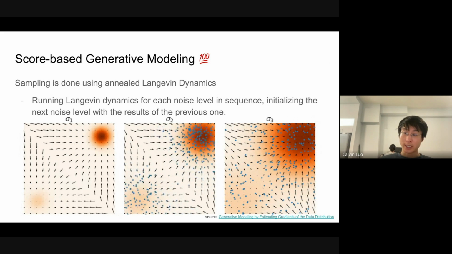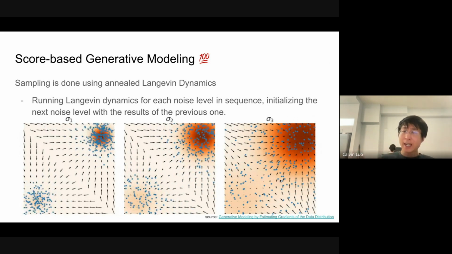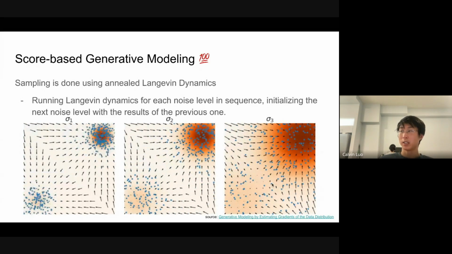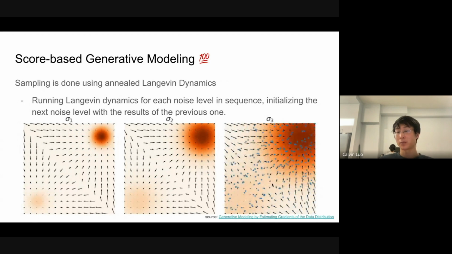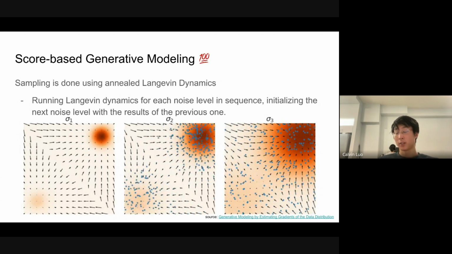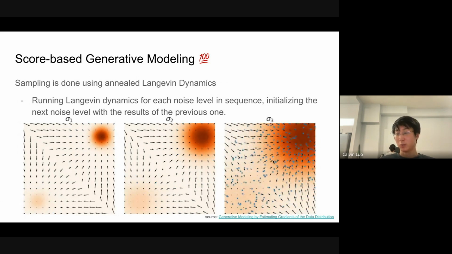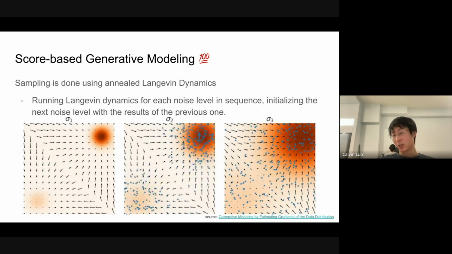So here we visualize that for a high corruption, right? We have accurate score estimates for a corrupted version of the data. We can follow it for some time steps. It has moved at least nominally towards some of these modes, maybe not that much.